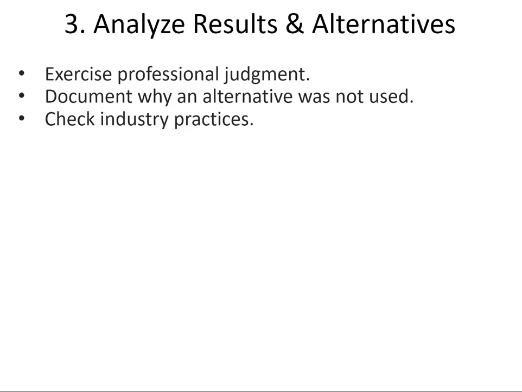Step 3, analyze the results and identify alternatives. In this step, we need to exercise professional judgment and document why an alternative was not used. The example given in the GE case is how to identify whether the insurance business should be reported as a separate disclosure, according to the segment disclosure reporting rules.